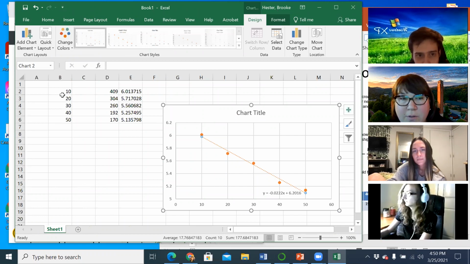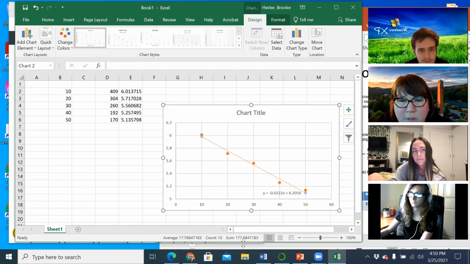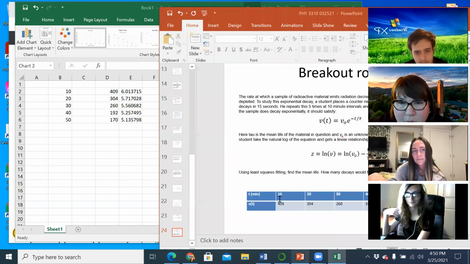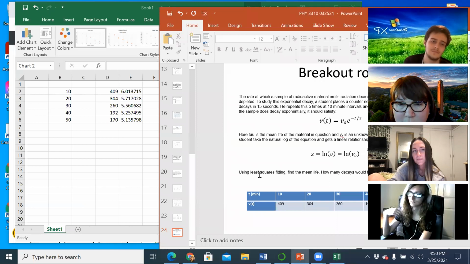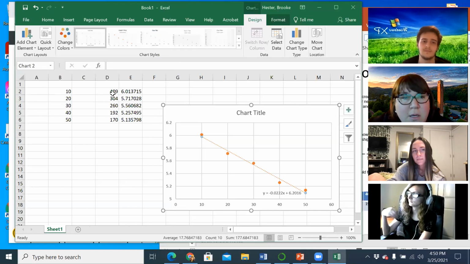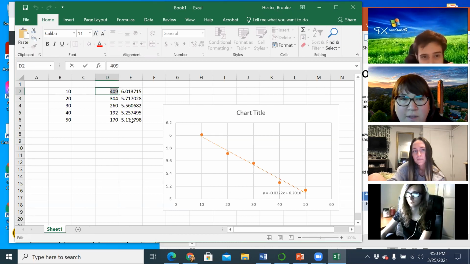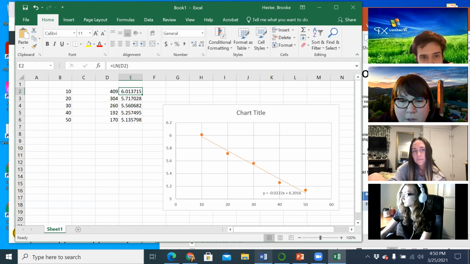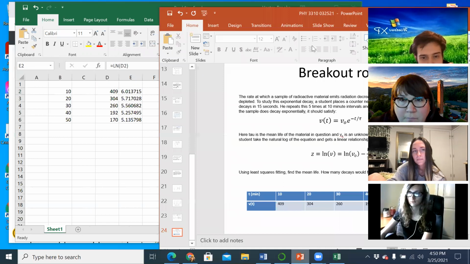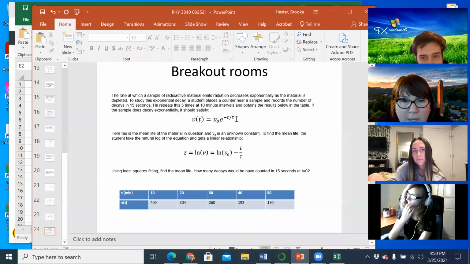Yeah, so I took the values that were given, which are shown here, 10, 20, 30, 40, 50, and the corresponding counts, V of t. And I put those here. And then I took the natural log of the counts in this column here. So I converted this equation.